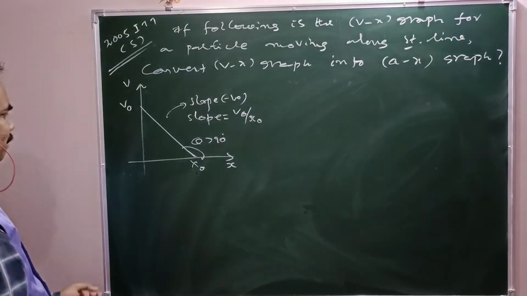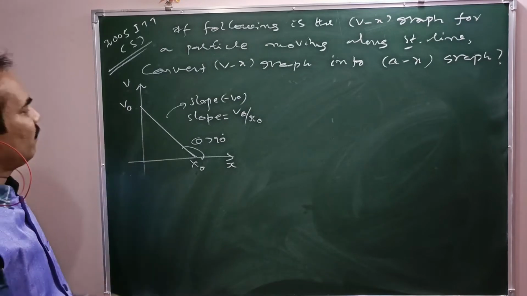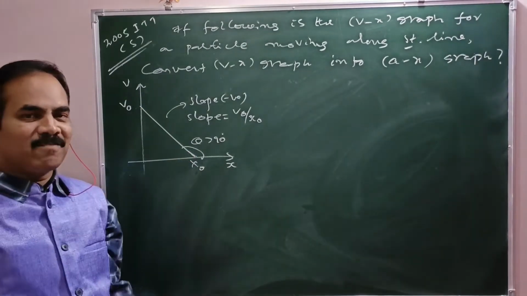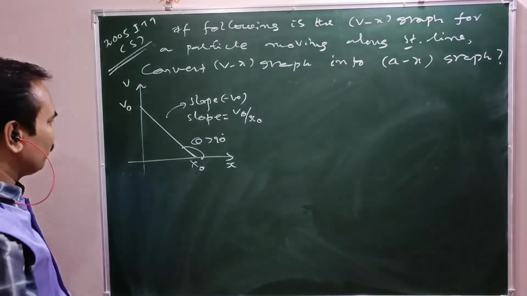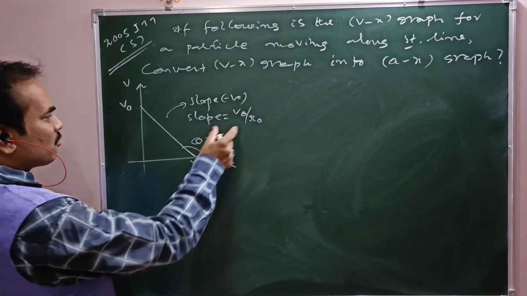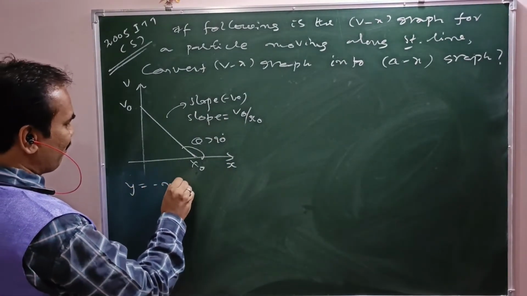Now let us see the general form of this graph. If the y-x graph is like that, what is the general equation for that straight line? As the slope is negative, y equals minus mx plus c.